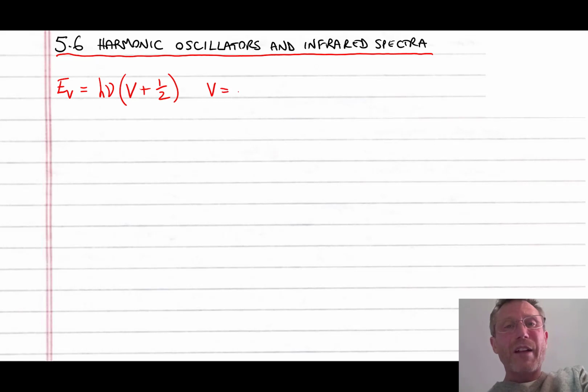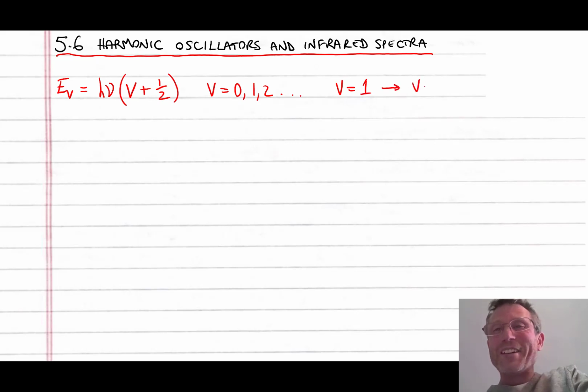V can take values of 0, 1, 2, etc., always integers. We're first going to consider a situation where we go from V equals 1 all the way to V equals 2. So what would be the change in energy there?